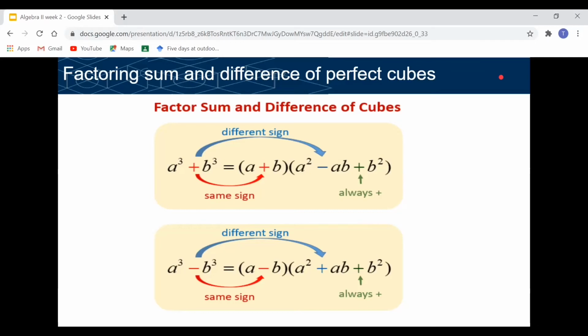In the same way, you should be able to ask yourself and identify whether this expression is right for doing sum and difference of perfect cubes. I mean, literally, you can't do it if it's not a sum or difference of perfect cubes. They have to be perfect cubes. That's the key term in here.